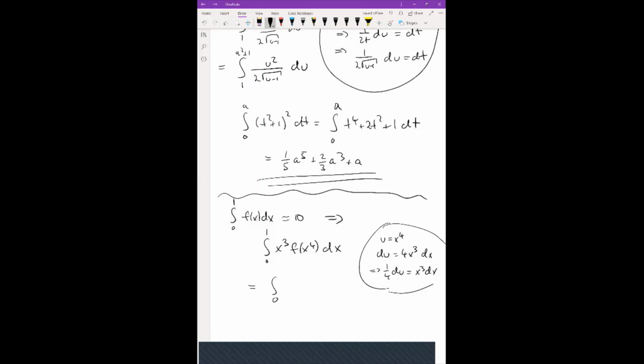If x is 1, u is 1. And then you get 1/4 f of u du, which is 1/4 times the integral from 0 to 1 of f of u du. But now you know that the area under the curve is 10, and so this is then 2.5.